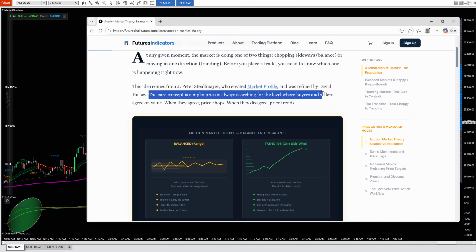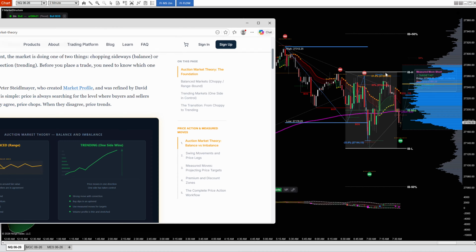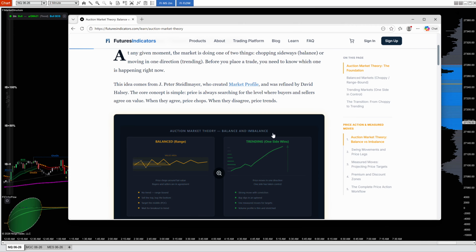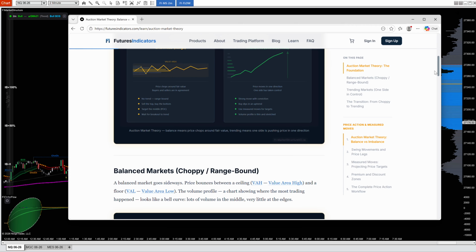Price is always searching for the level where buyers and sellers agree on value. When they agree, price chops, right? So right here, this is a balanced profile, essentially. Okay. No one's in control, really. Buyers and sellers.